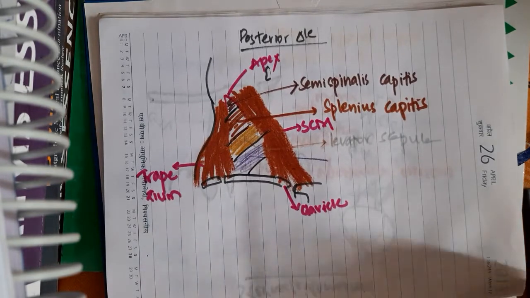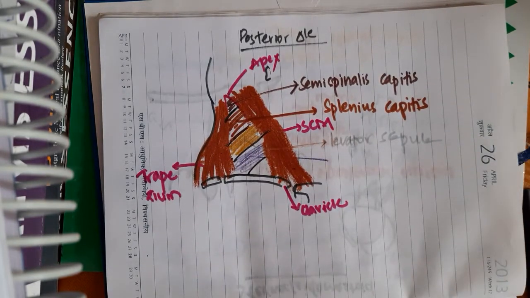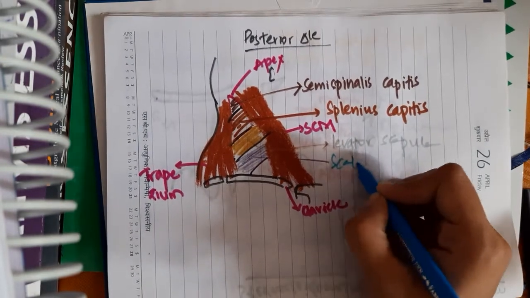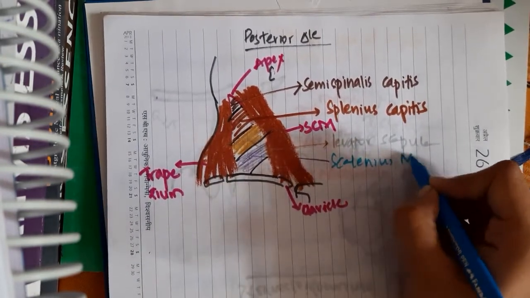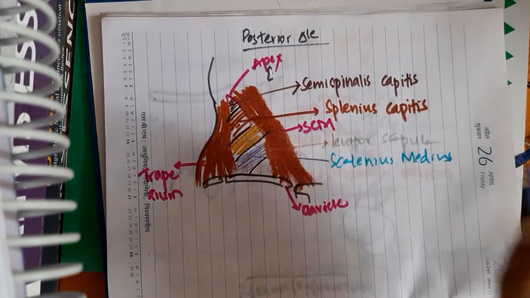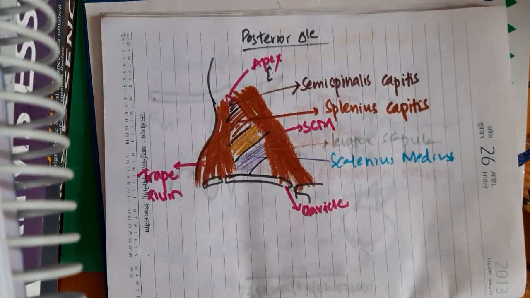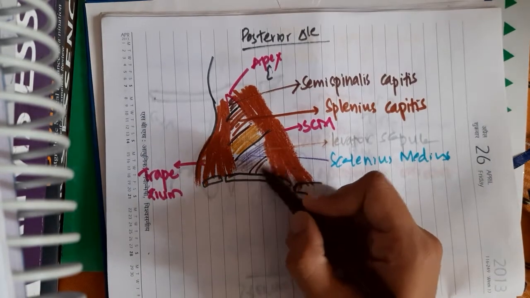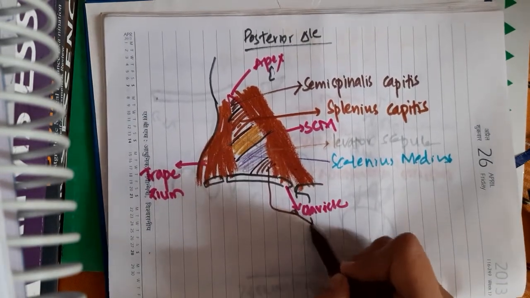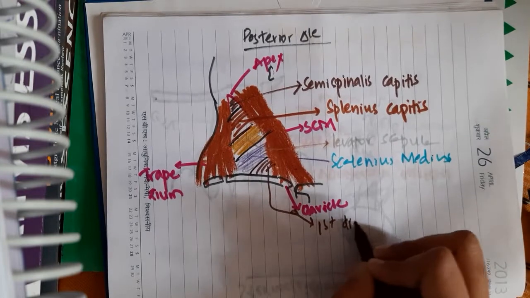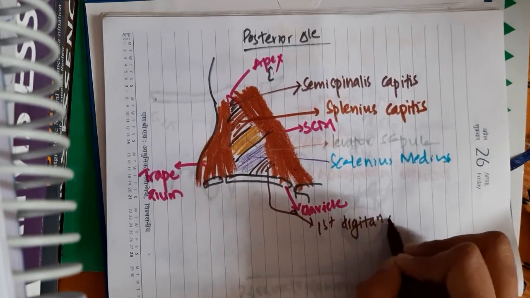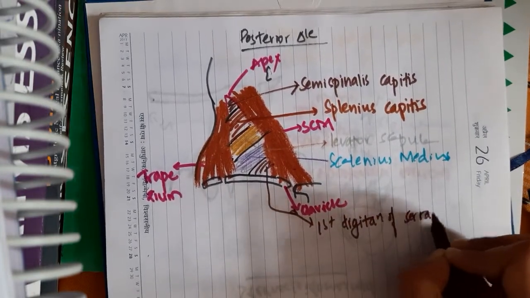Below the scalenus medius, the lowest muscle you see here is the first digitation of serratus anterior.